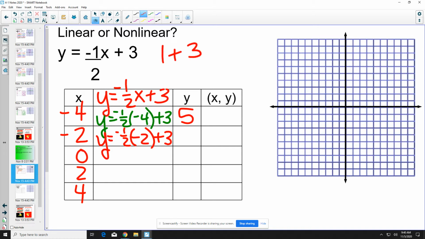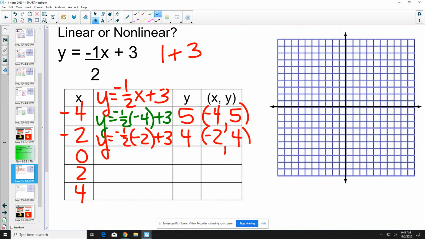That would be a 1 plus 3, which is 4. Let's go ahead and write our points in this column. My first point on my graph, my x value is -4, my y value is 5. My second point, my x value is -2, my y value is 4. Remember, as you watch this video and follow along, if it goes too fast, pause it until you're caught up.